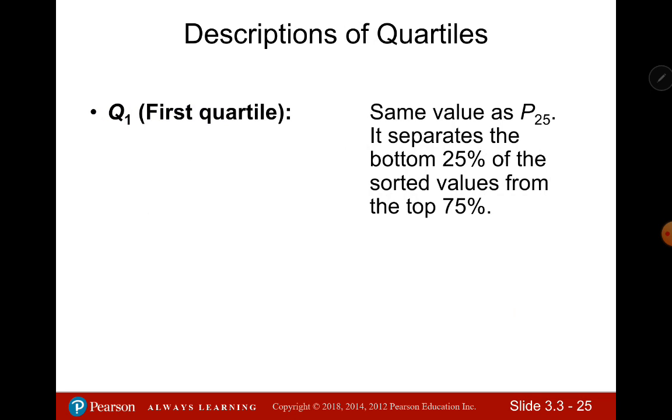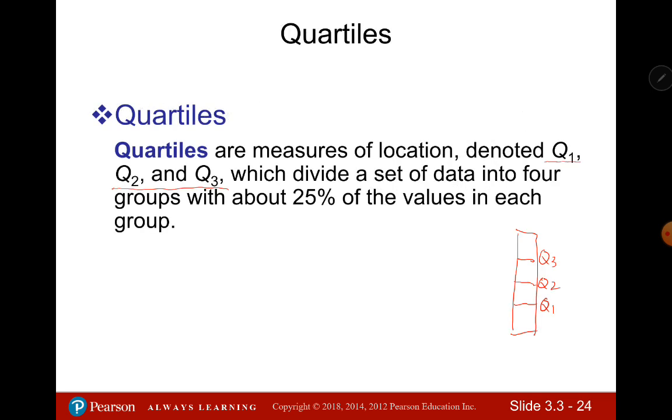And how can we get the value of a quartile? We just use percentiles to get the quartile. We should know Q1 is just the same value as P25. So it just means we can use P25.